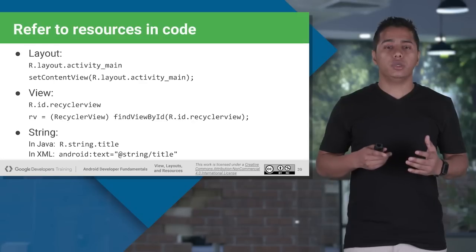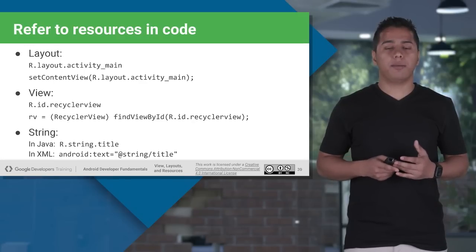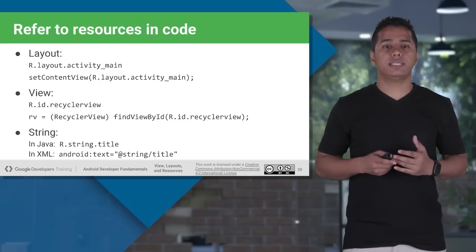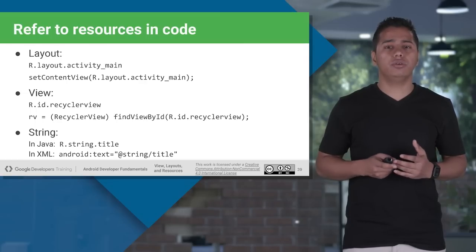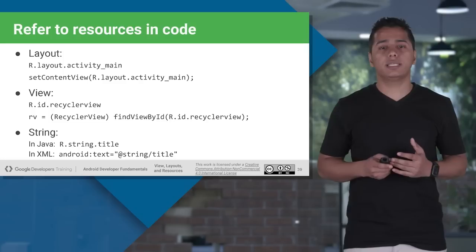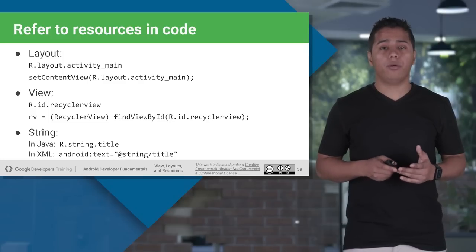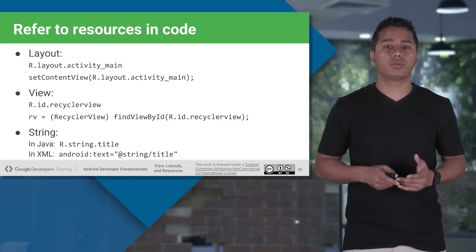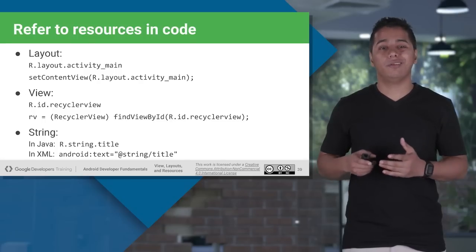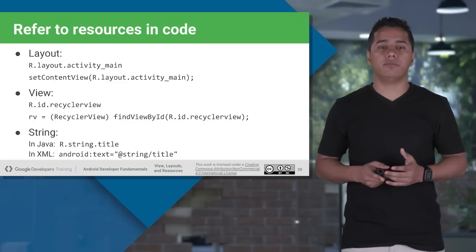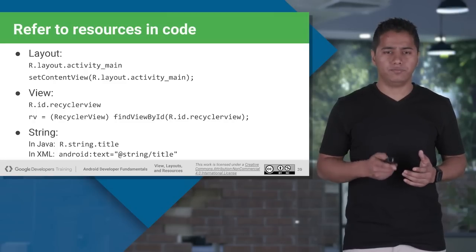You must have seen this kind of code in your examples also. We do setContentView(R.layout.activity_main). So what exactly is that? I'm accessing my resource file from my res folder, and whatever you do inside your res folder, it gets saved in your R.java file.